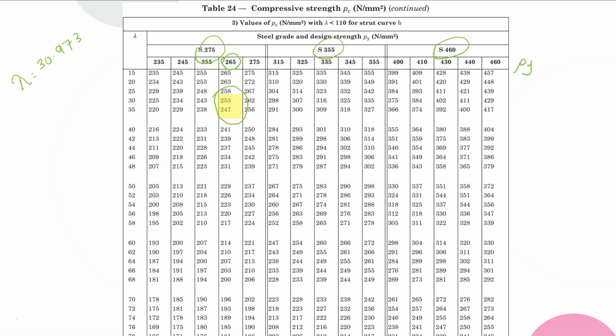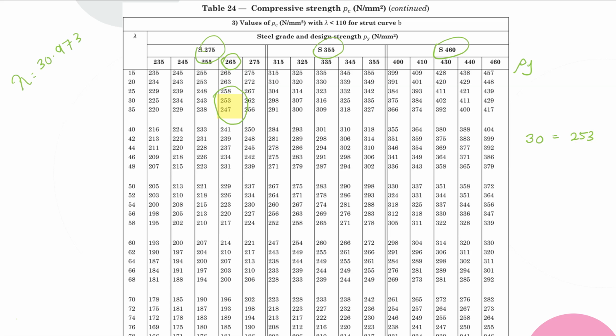So we know that when, macam mana cakap? When bila dia 30, okay, dia ni 253. Okay.